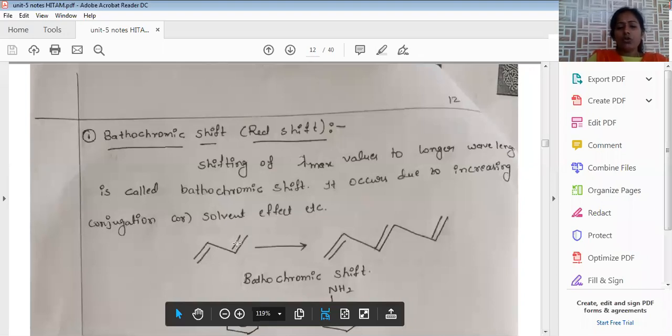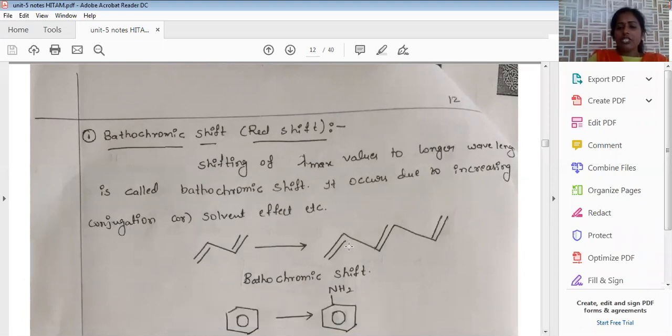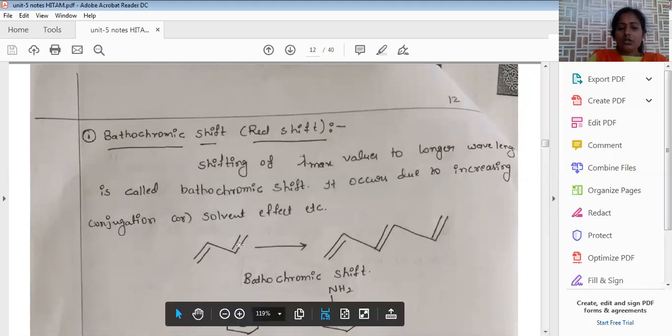What happens when two double bonds are increased by one more double bond? Here three double bonds are in conjugation. The double bond is delocalized, and migration of pi electrons is possible here. Compared to two double bonds, three double bond conjugation will be more, because more electrons are involved in delocalization.